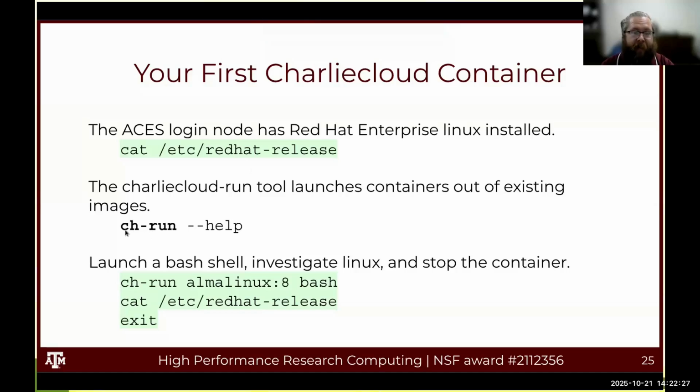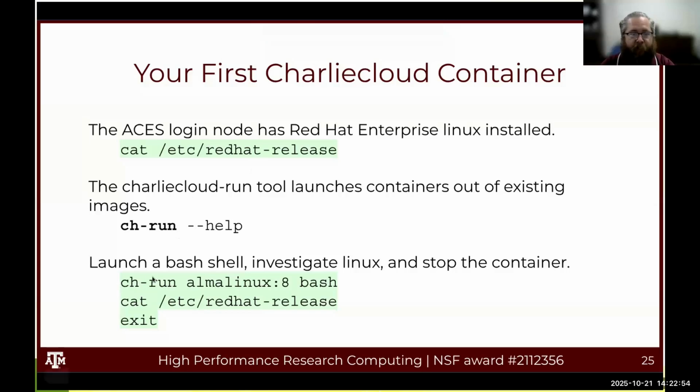Let's start a container. So that means we need a new executable. The ch-run executable is used for starting containers. Remember, a container is a process that has its own view of resources. So we want to start a bash interpreter process, and we want it to view the Alma Linux image instead of the physical file system.